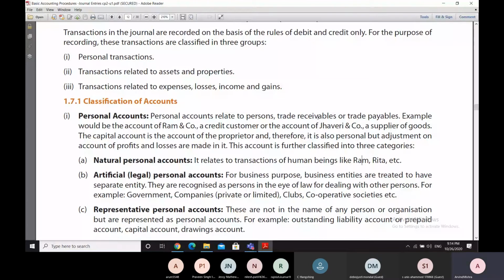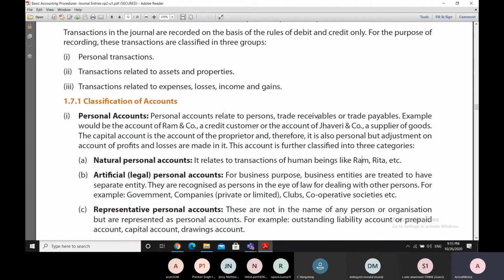Now, this personal account is further classified into three categories. First is the natural personal account, which relates to transactions of human beings like Ram, Rita, etc. They are the natural persons. Then there are some artificial persons or legal persons, because for business purposes, business entities have to be treated as separate from their owners, and therefore they are legal persons.